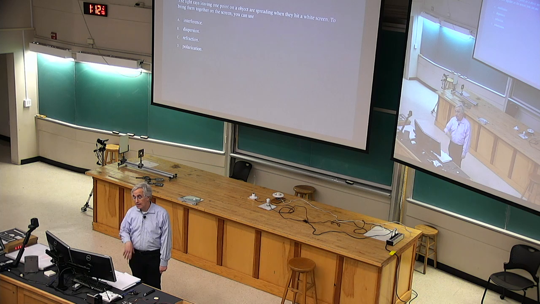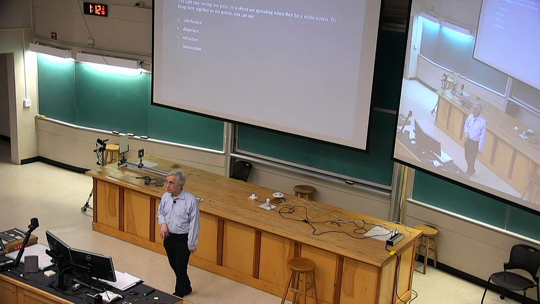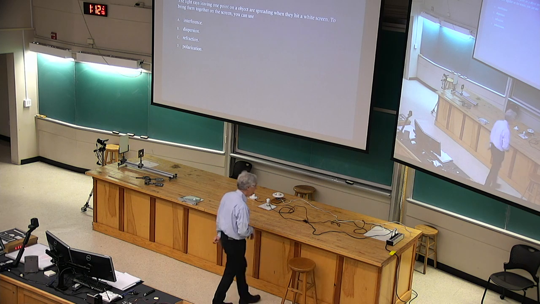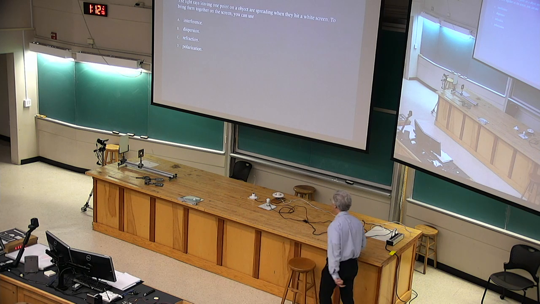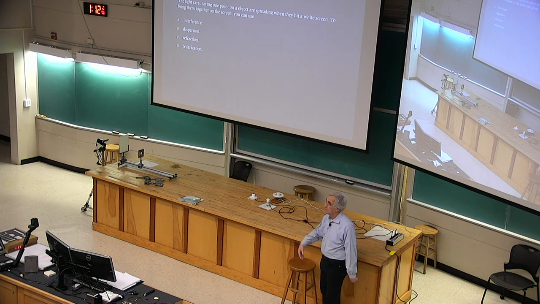The light ray is leaving one point on an object. So suppose you've got an object from which light is coming, and light is coming from all these objects on the front desk here right now because they're illuminated by other lights. So they're not producing light, at least that we can see. They're actually glowing in the infrared a little bit, but forget that.